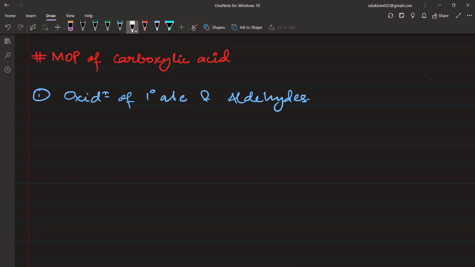Okay, so if you have 1 degree alcohol, you use an oxidizing agent, you will get aldehyde. And then if you have a strong oxidizing agent, then you will get carboxylic acid directly.